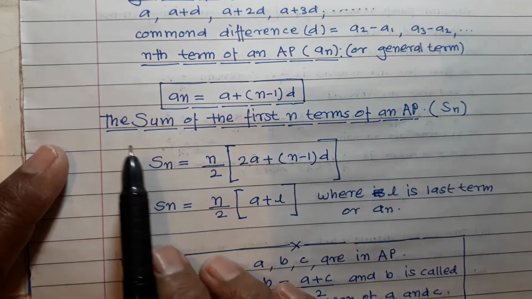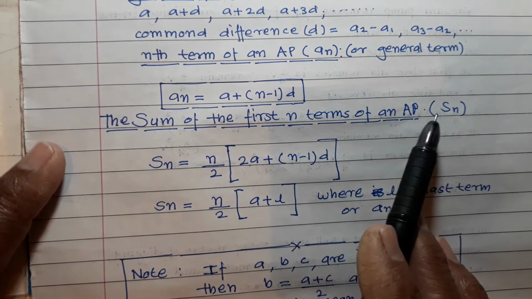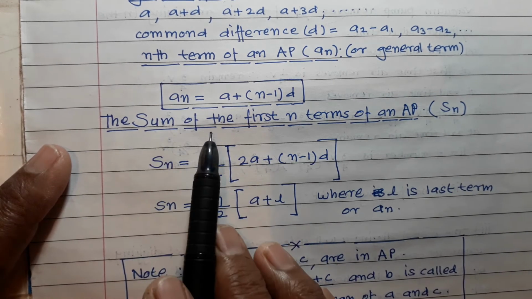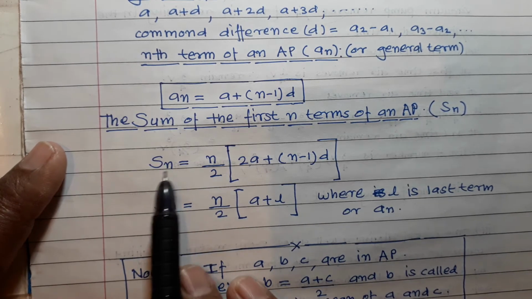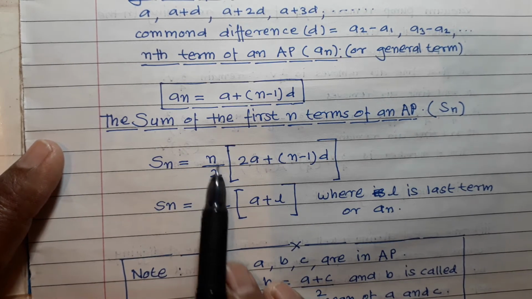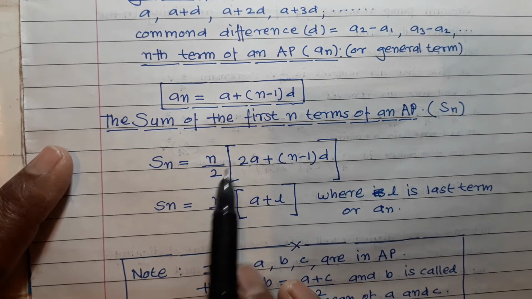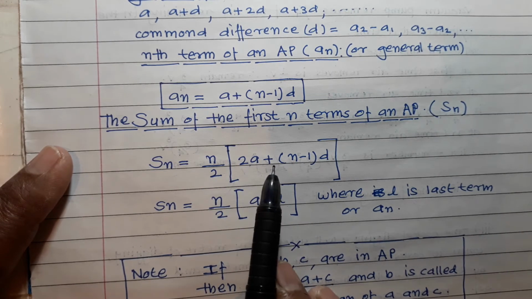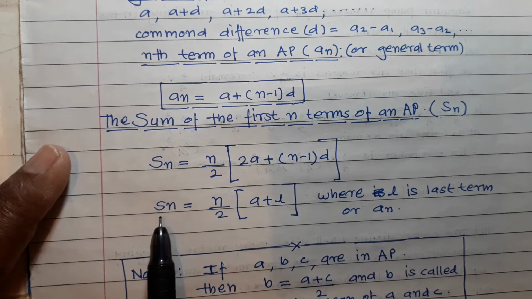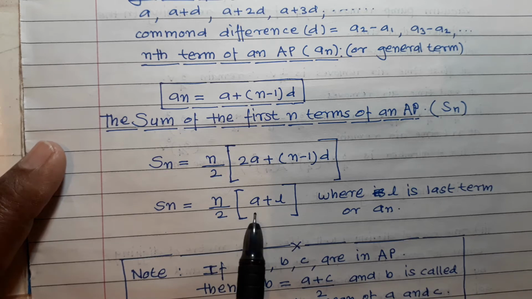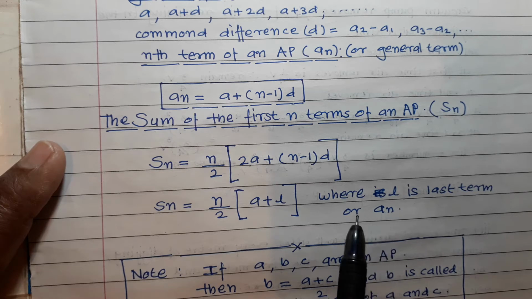Then the sum of the first n terms of an AP is denoted by Sn. So Sn, that means the sum, is equal to n upon 2, where n is the number of terms, into bracket 2a plus n minus 1 into D. And otherwise Sn is equal to n upon 2 into bracket a plus l, where l is the last term, or an.